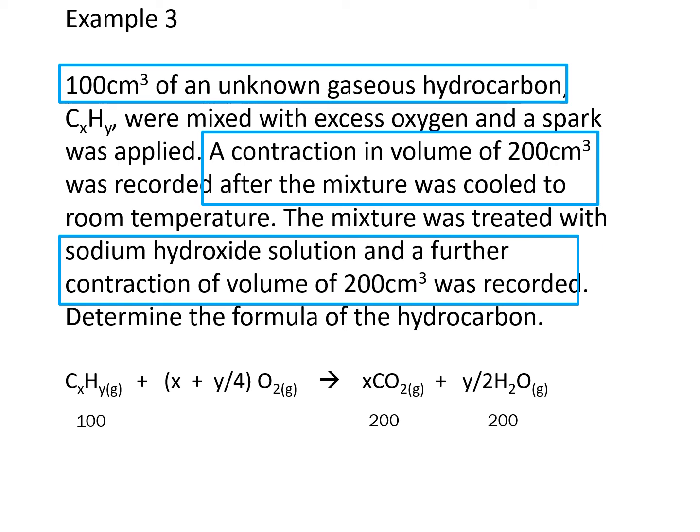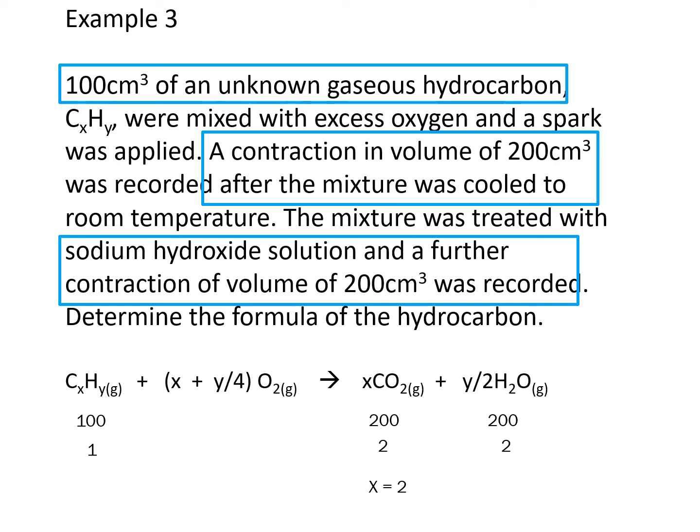From that, then you want to work out your ratio. Remember, do that by dividing through by your smallest number, and the smallest number here is 100. So we end up with 1, 2, 2. That's an imaginary 1 in front of CxHy. It's the number 2 in front of CO2 instead of x. So we can now state that x equals 2.